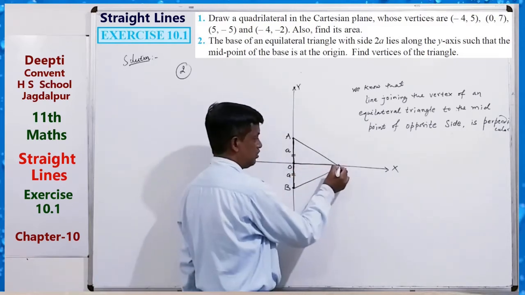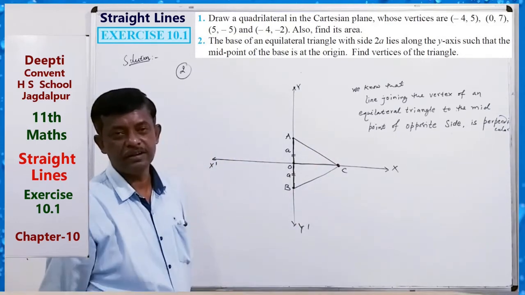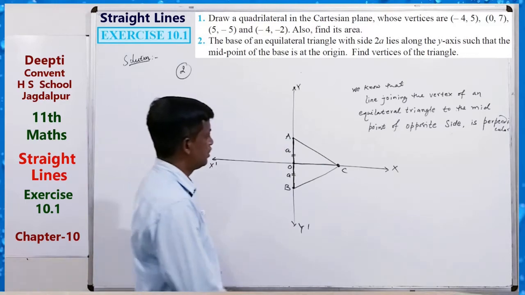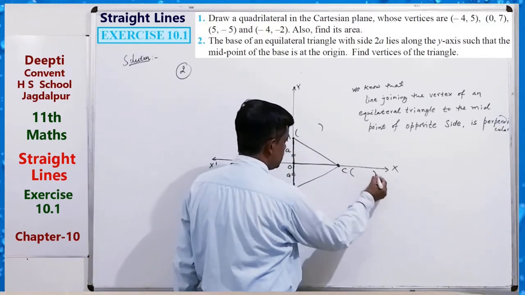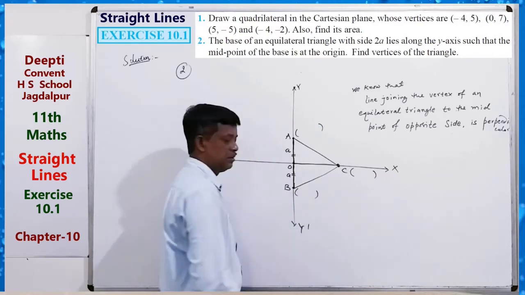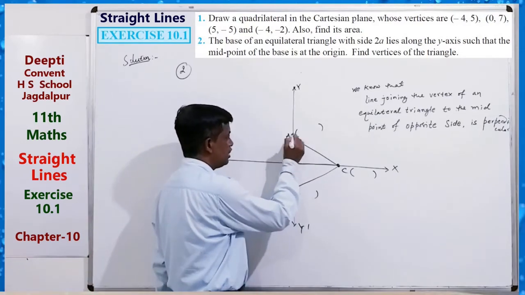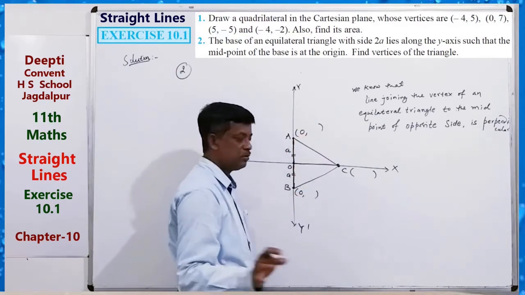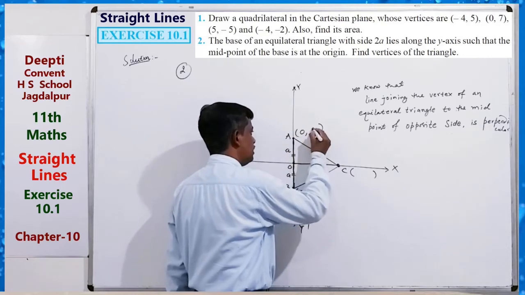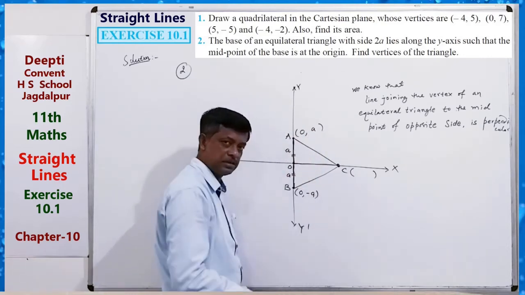So the third vertex lies on the x-axis. Now we have to find the coordinates of A, C and B. So here this is origin, that's why A is 0, here also 0, below x is 0 and y is a, and this is minus a in the negative direction.